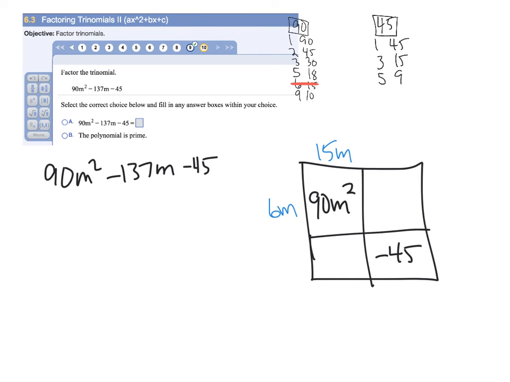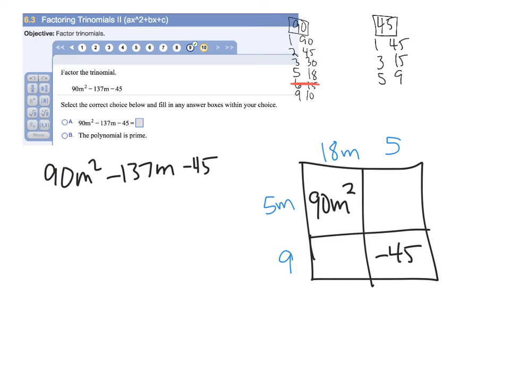So I'm probably going to go with the 5 and the 18 next. So I'm going to get rid of those, and I'm going to try the 5 and the 18. Now I've got to go back and try all of these again. I'm going to start with 5 here and the 9 here.